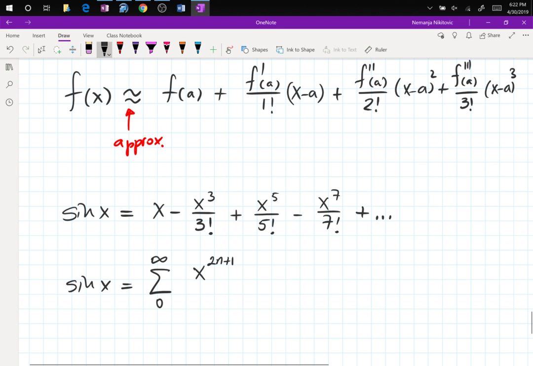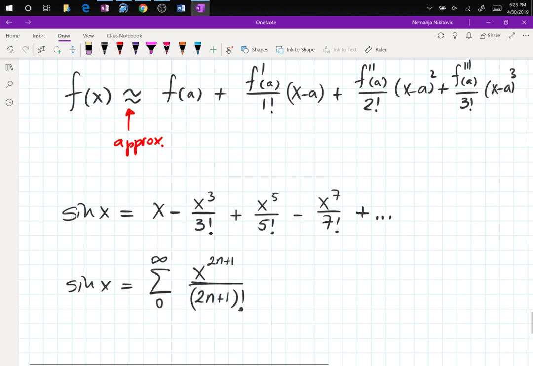So when you plug in 0, 2 times 0 is 0 plus 1 is 1. That's x to the 1, right? And then we are dividing this with the all odd numbers factorials. If you notice, the first one is 2 times 0 is 0 plus 1 is 1, so 1 factorial under x, right?